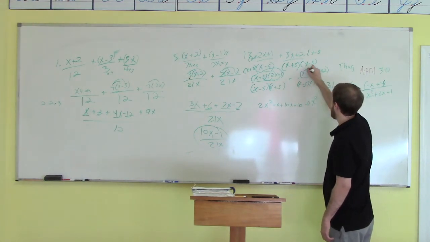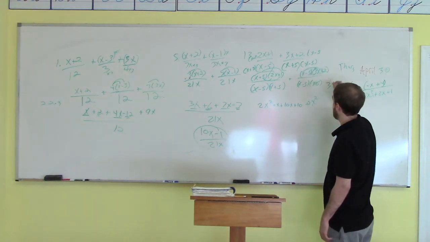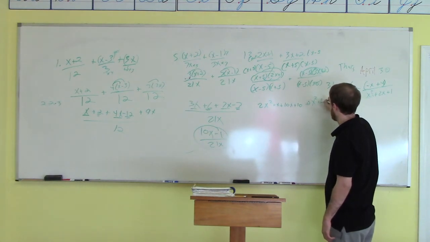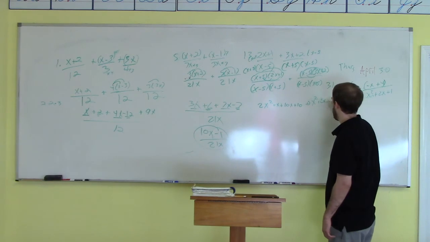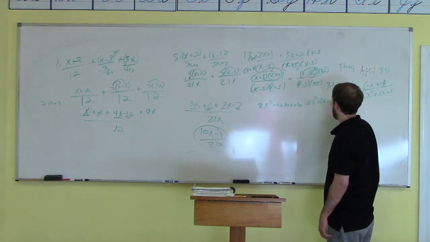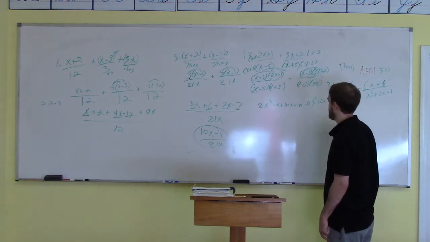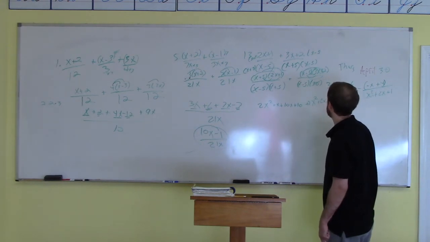Then I'm going to do x times 2, which is plus 2x. Then I'm going to do negative 5 times 3, which is negative 15x. Then I'm going to do negative 5 times 2, which would be negative 10. I did that right.